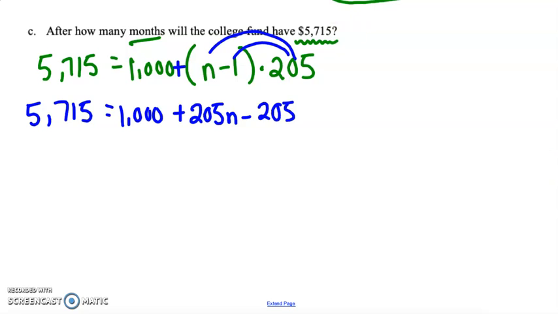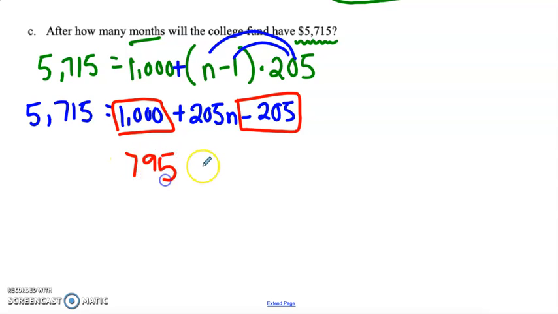After distributing, the next step is to combine like terms. So I'm going to have $1,000 take away $205, which is going to give us $795. I'm going to drop down that 205n, and then drop down this 5,715.